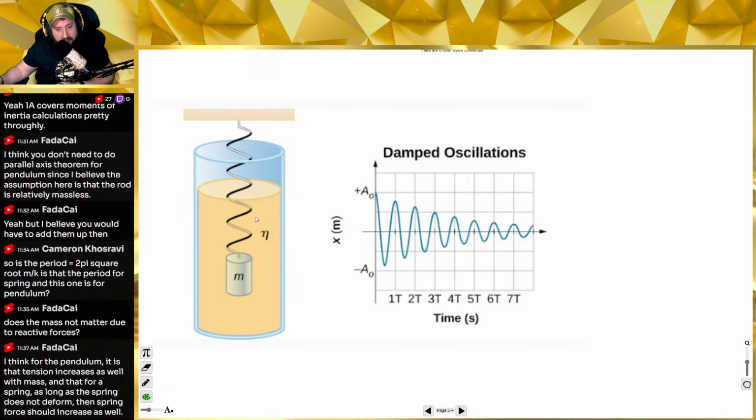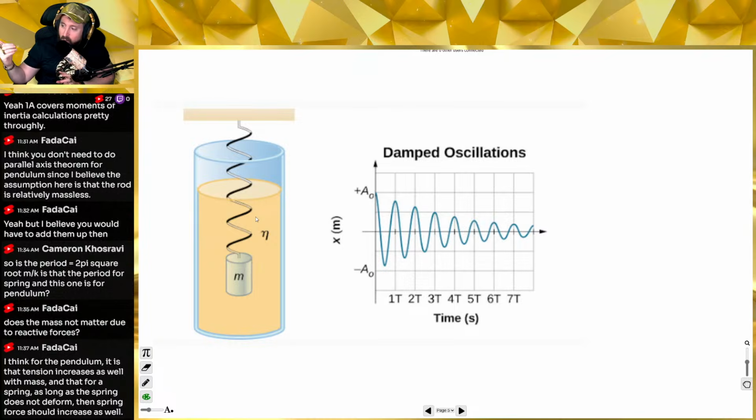So here, for instance, we have our mass on a spring, but now it's being submerged in a fluid which has some viscosity. If something is moving through a fluid, it must exhibit some sort of drag force, some resistance.